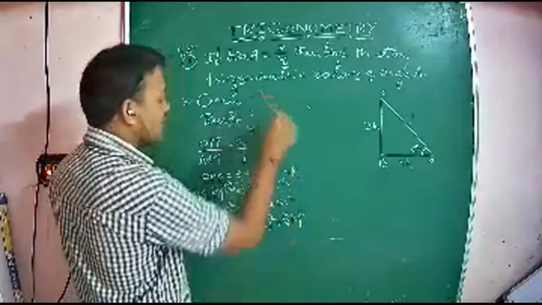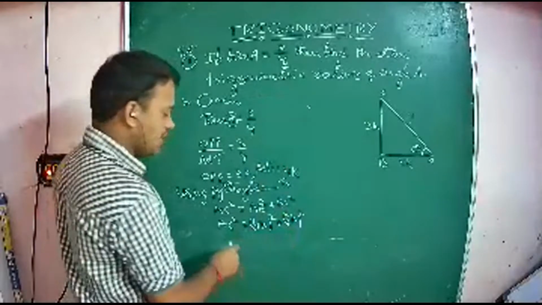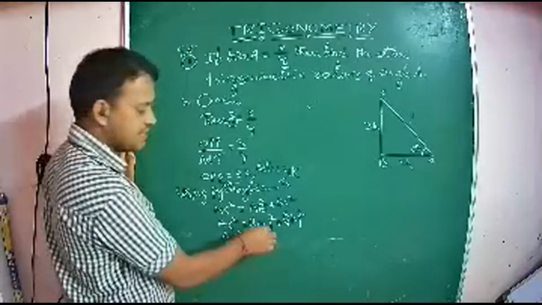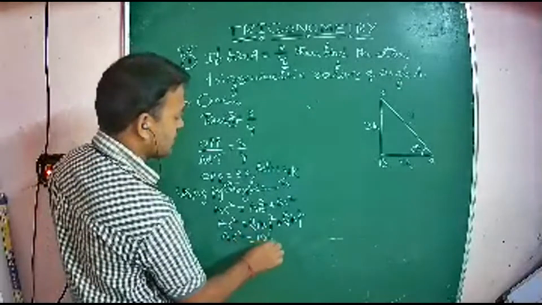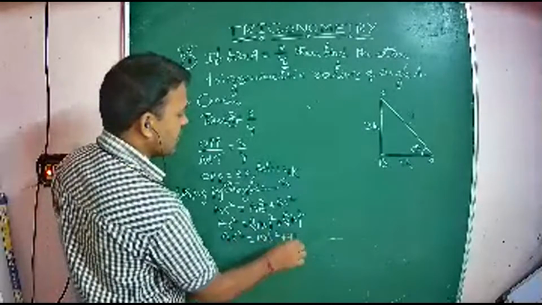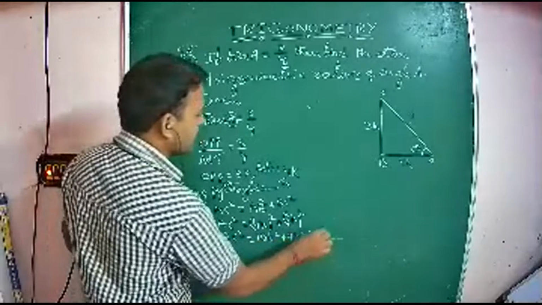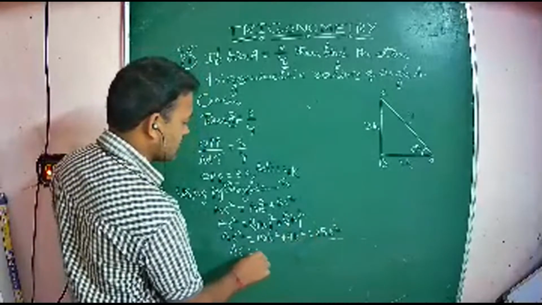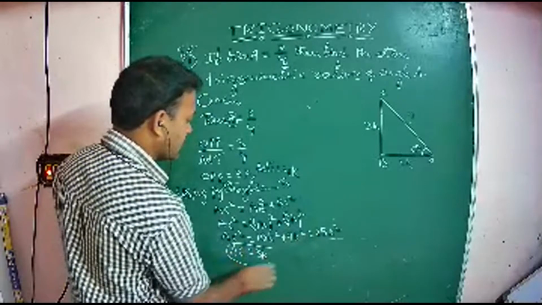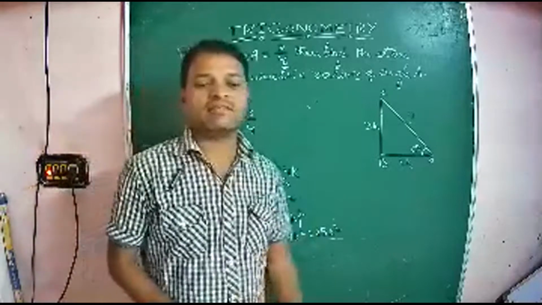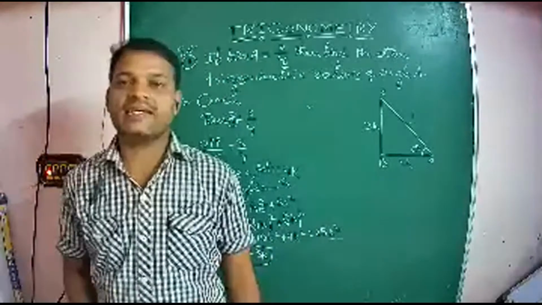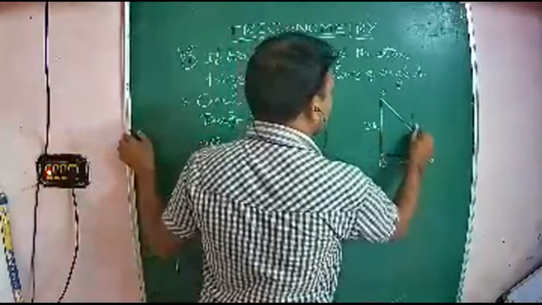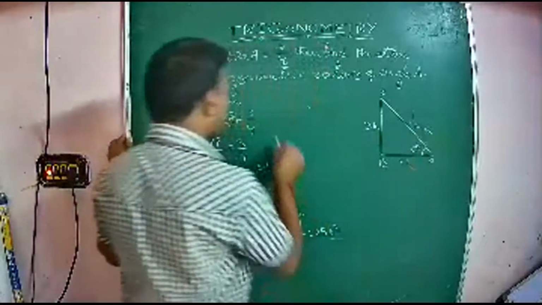That is 16k square plus 9k square, which equals 25k square. After simplifying, AC is equal to 5k. So the AC value is 5k. Clear?